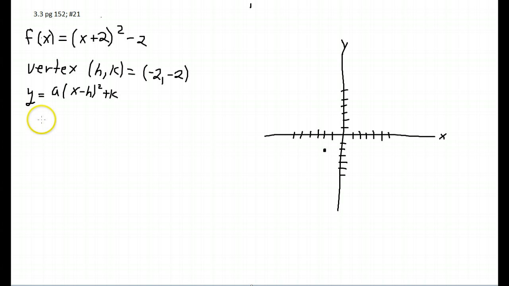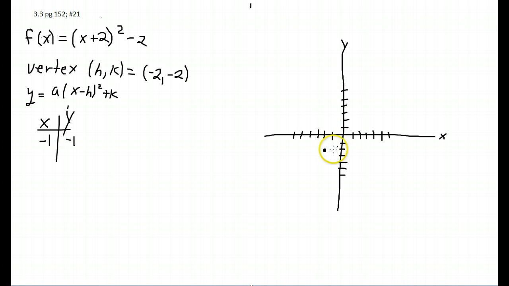Okay, we can make a table if we want. Now, if I choose numbers for x, if I choose negative 1, for example, negative 1 plus 2 is 1. 1 squared is 1. 1 minus 2 is negative 1.